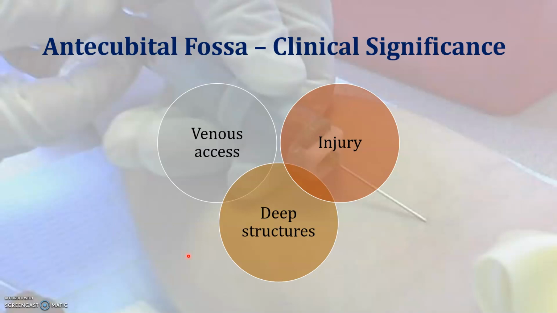The deep structures include big arteries, the brachial artery, and then at the distal apex, the radial and ulnar arteries, and two fairly important nerves, the median nerve and the radial nerve. And these pass deep to the bicipital aponeurosis, and this tough structure provides some protection from superficial injury.